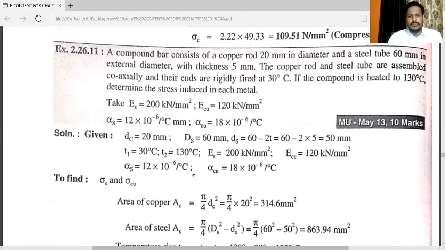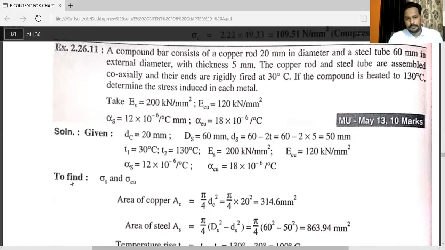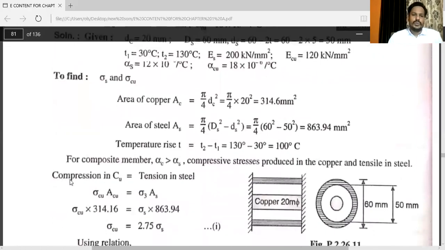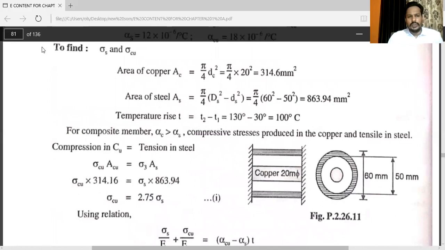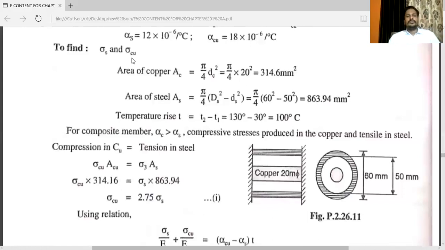Alpha for steel is 12 into 10 raised to minus 6 per degree Celsius. Alpha for copper is 18 into 10 raised to minus 6 per degree Celsius. Just you have to find out the stresses induced in steel and the stresses induced in copper.